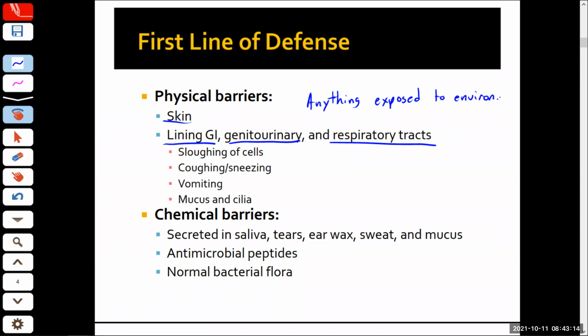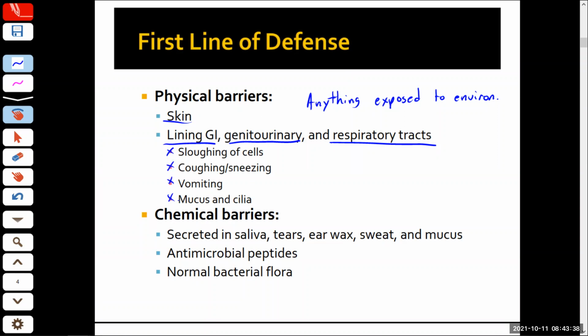Your skin, obviously, and your GI tract from mouth to butthole, that's all exposed to the environment. Then the respiratory tract. I don't really care how these barriers are maintained. I just need you to know where you would find physical barriers.